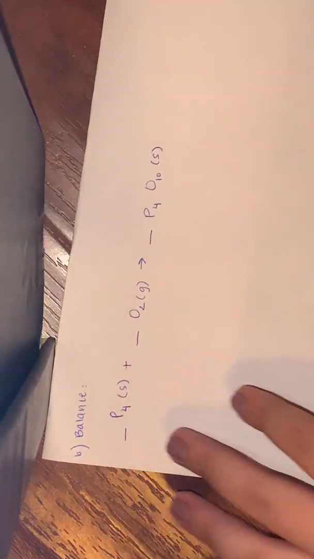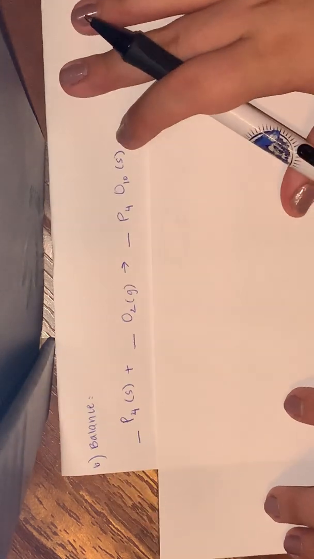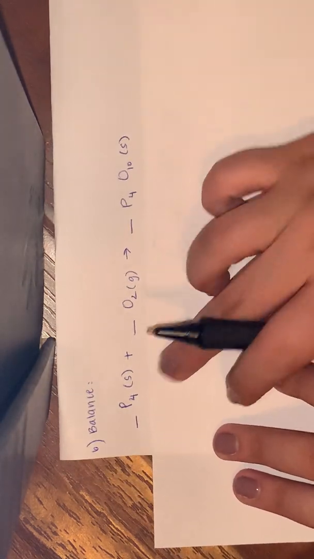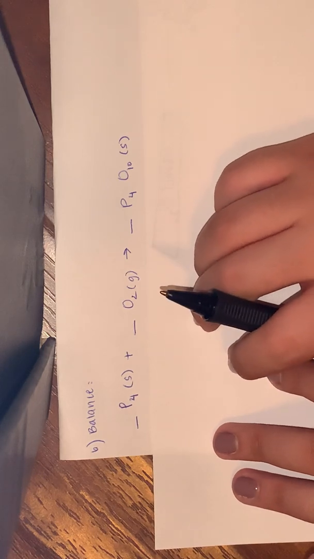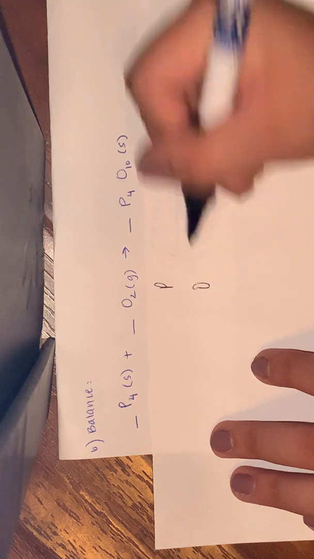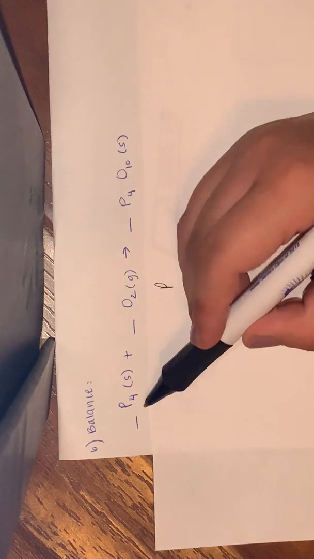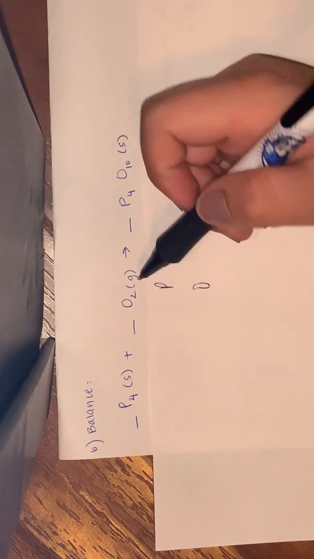Okay, and then our last question for today is to balance one of the equations. This equation here. So we know that we have phosphorus and oxygen, these two elements.